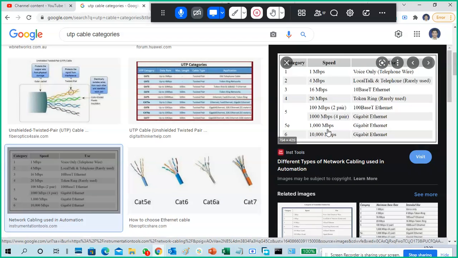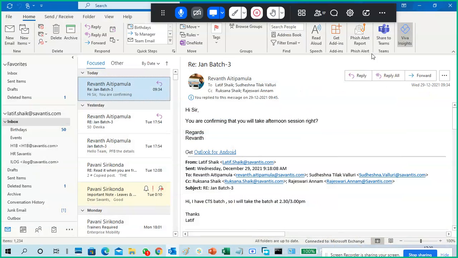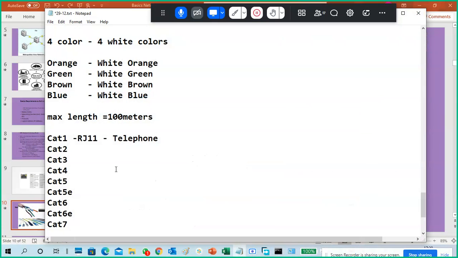Two pair, four pair. See, here it is. Cat 5e. It is showing 10 Mbps. It's 1 Gbps. Yeah, that is the same thing. The only difference between one category and another is speed and the number of twists.